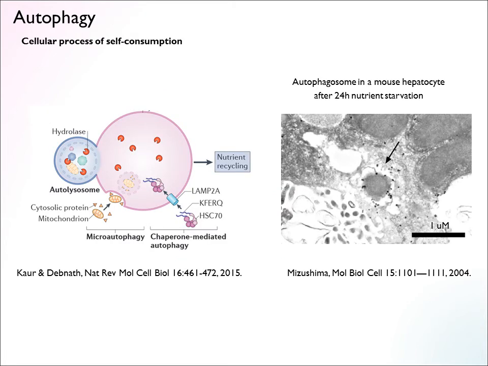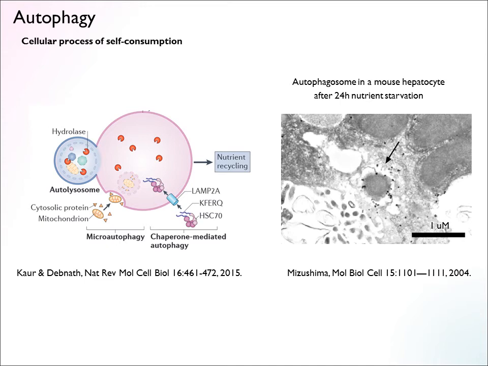Now, in order to get at the actual amino acids, cells have to break down protein. And this is done in a variety of ways, but an important process is the one called autophagy. So this is literally self-eating. Many cells have a machinery whereby they can target certain parts of their own structures, their own content, for degradation. This is a large and complicated field, and we're not going to talk about this much.